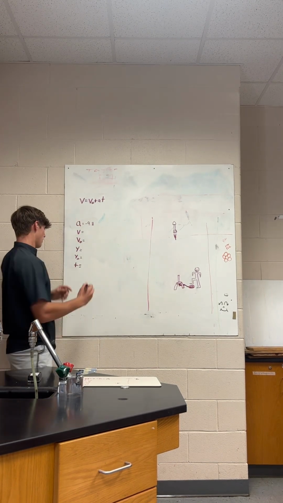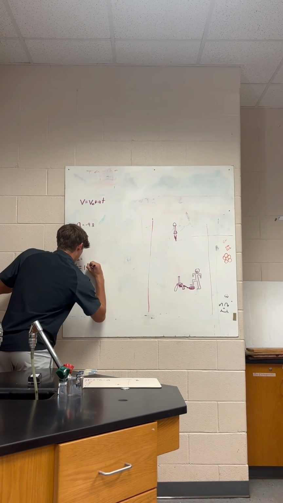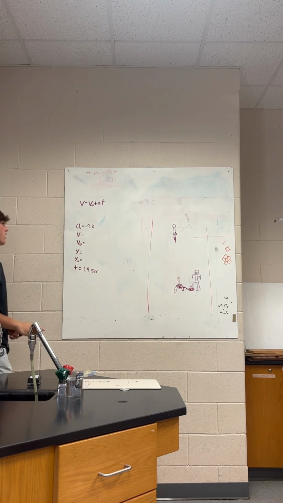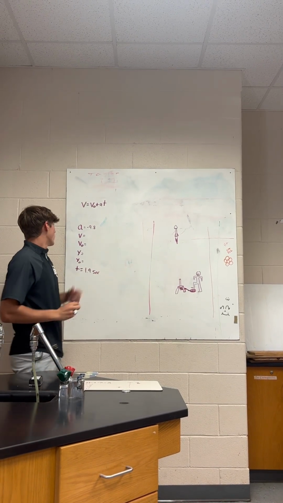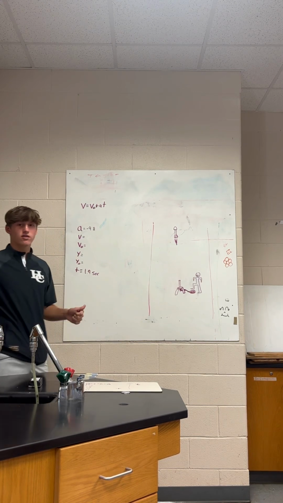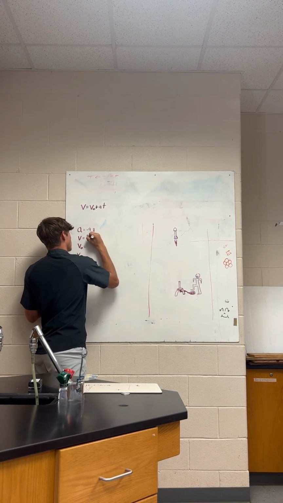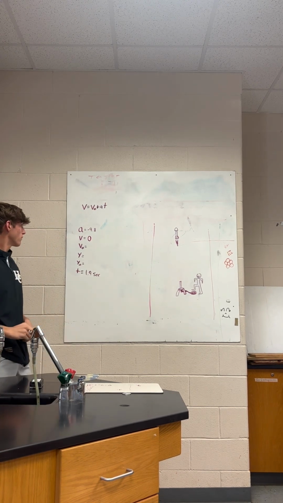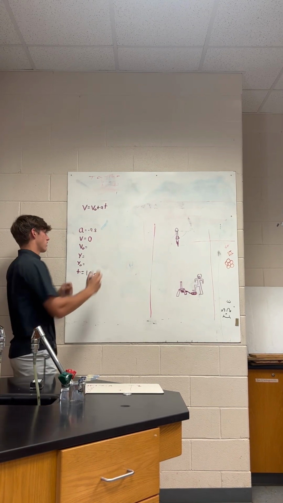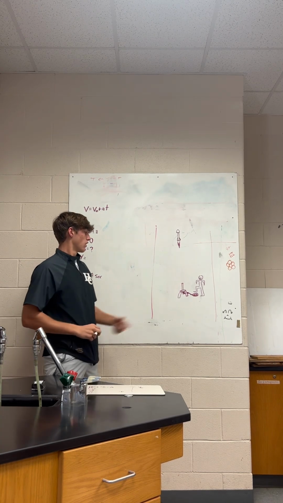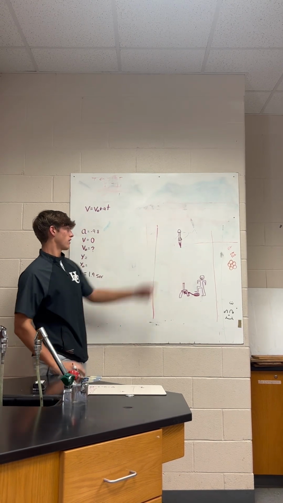So our time is 1.9 seconds. And then we know our final velocity is 0, because that's when it reaches its peak. So that'll be 0. And all we're looking for is our initial velocity. So we're gonna have to find that, and we just wanna see our initial velocity and how we got there.